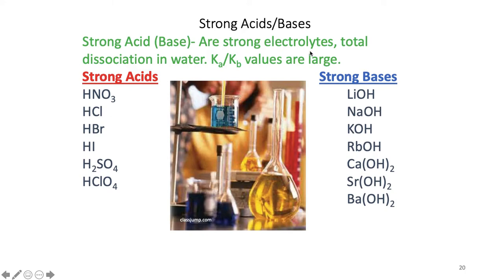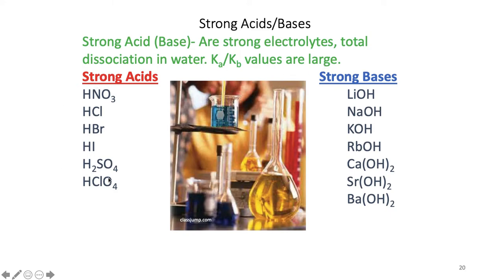So that's what a strong electrolyte is: a solution that contains ions which can carry a current. Because they are strong acids and bases, they split almost completely into their ions in solution. Therefore, their Ka and Kb values are very large.